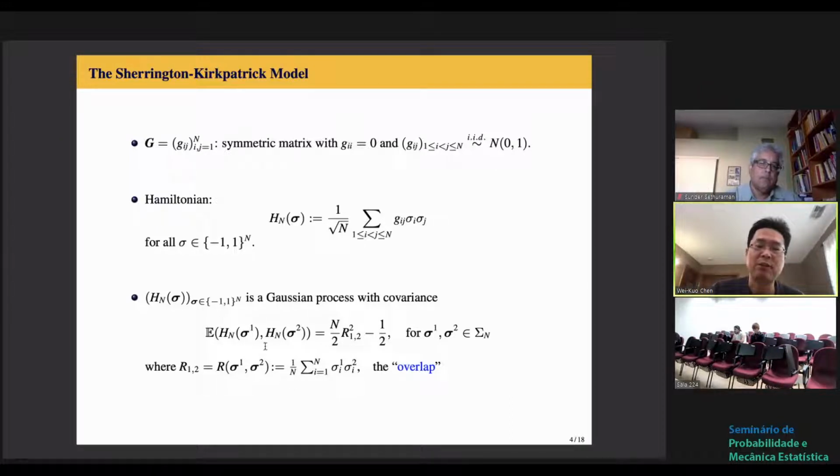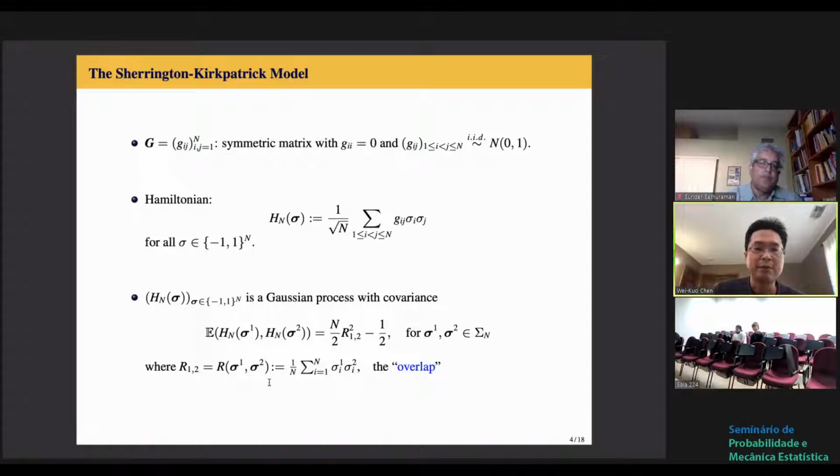This computation is very straightforward because you just rely on the IID standard normal. When you compute this and multiply the two pairs together, only when the two edges are identically the same will they survive. That's the reason why you get this.